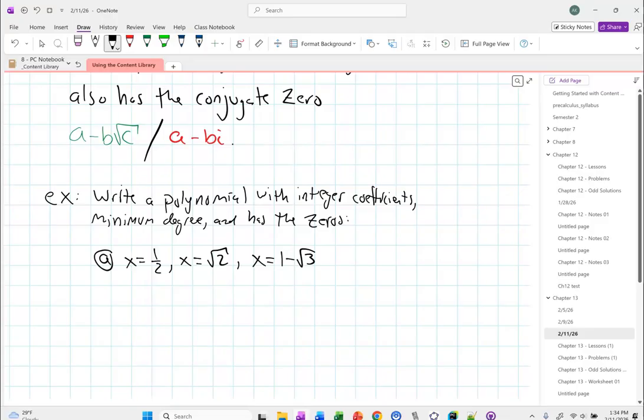The example says, write a polynomial with integer coefficients, minimum degree, that has the zeros x equals a half, x equals square root 2, and x equals 1 minus square root 3.